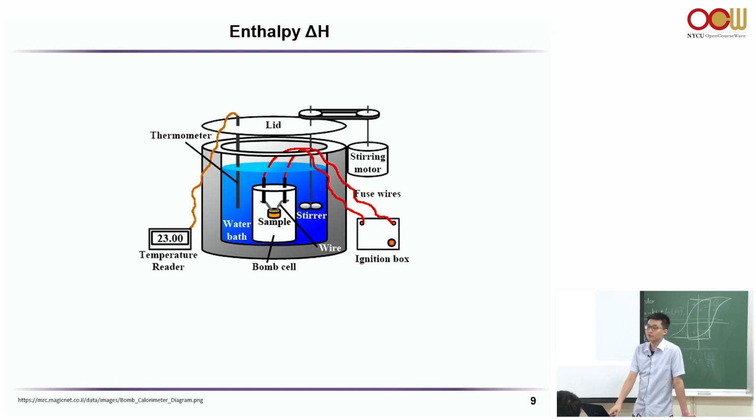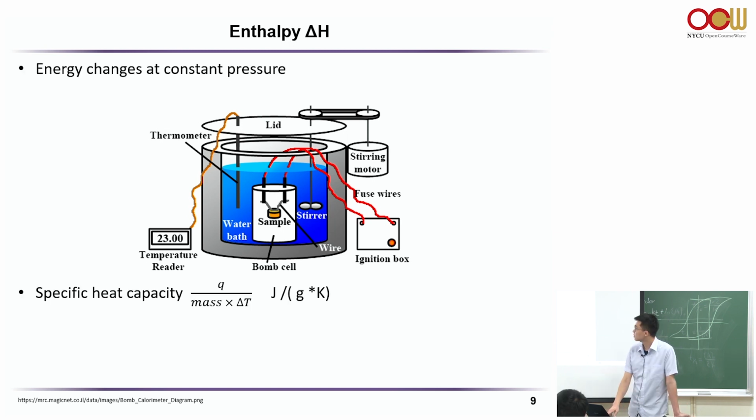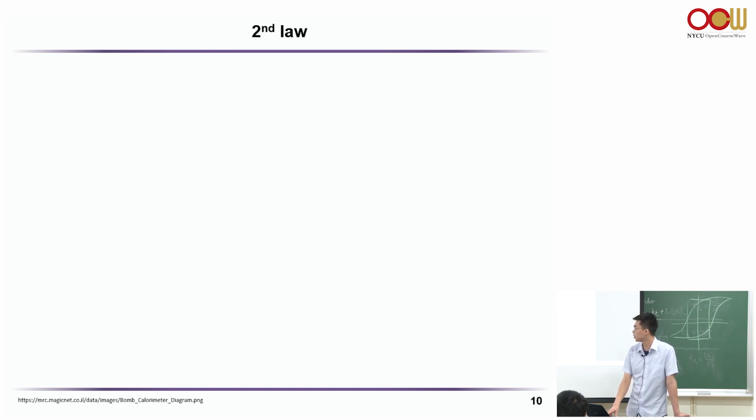But of course, you have to consider that when the water temperature increases, the stirrer also takes away some energy. When we think about a closed system, you have to consider all the components inside. So this is the definition. Specific heat capacity is basically Q, which is the heat that you put in, divided by mass and temperature change.